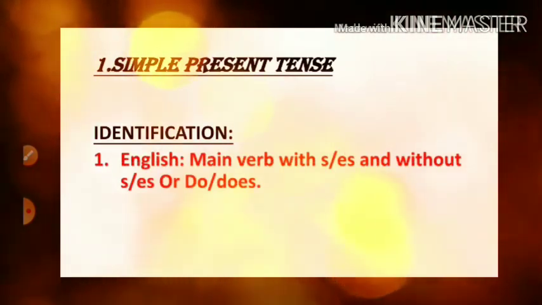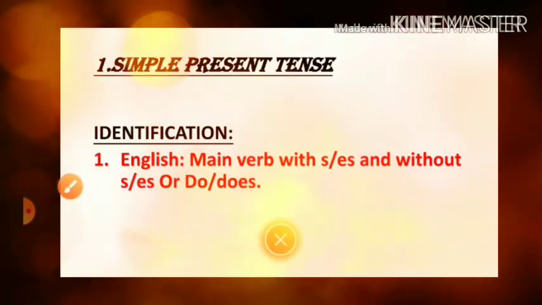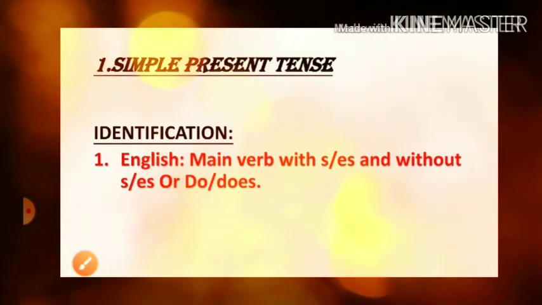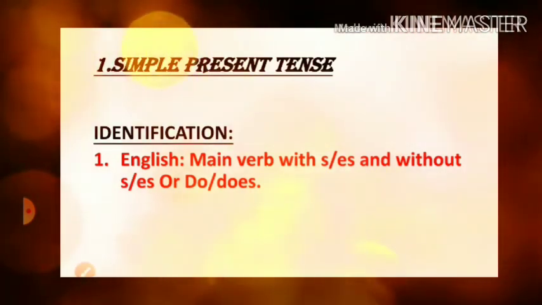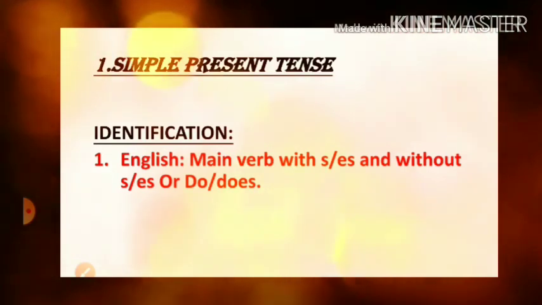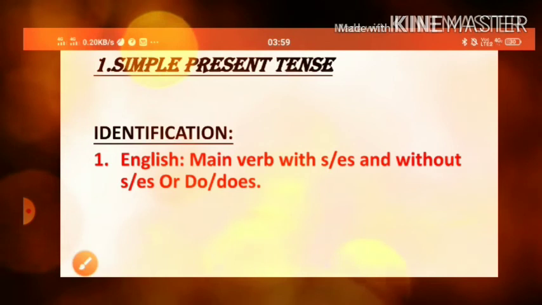First, simple present tense. Before starting the simple present tense, there is an identification. How will you identify that it is a simple present tense? In English, this identification is main verb with s or es, or without s or es, or maybe with do or does.